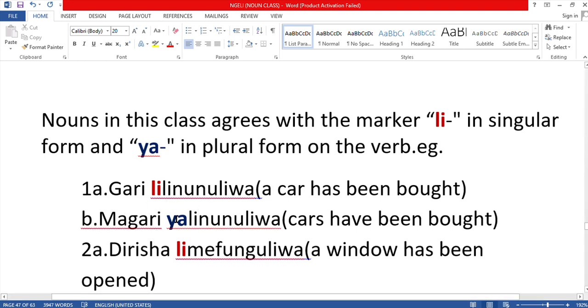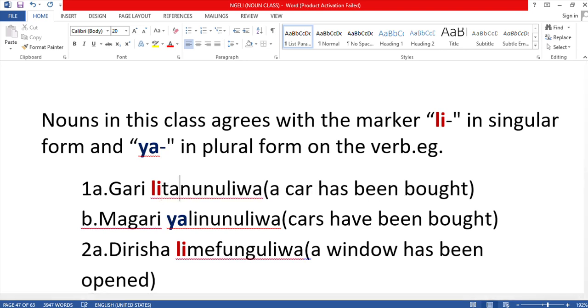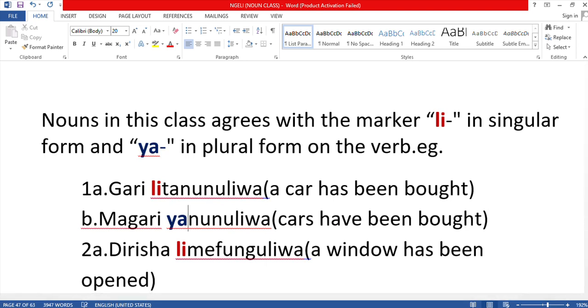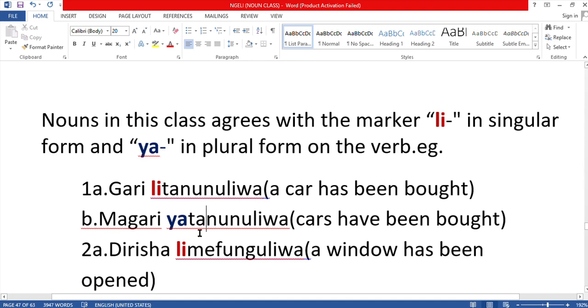For the future tense, instead of putting there li or na or me, we just put there ta. Gari litanunuliwa. It means a car will be bought. Then plural form will be magari yatanunuliwa.